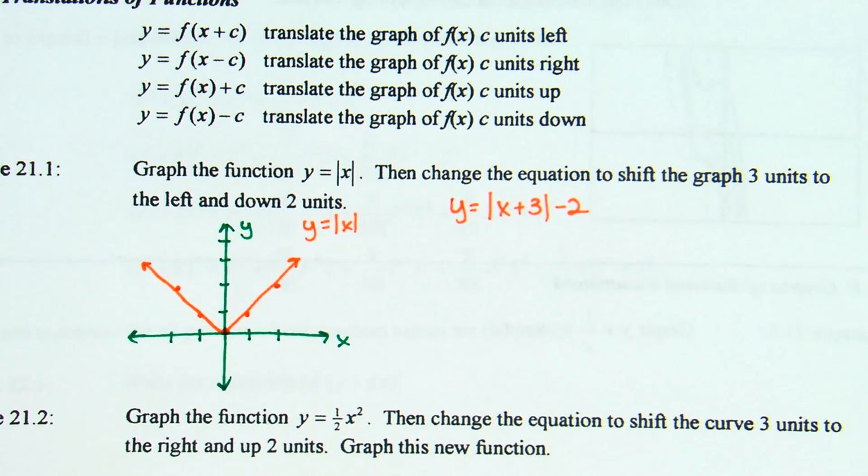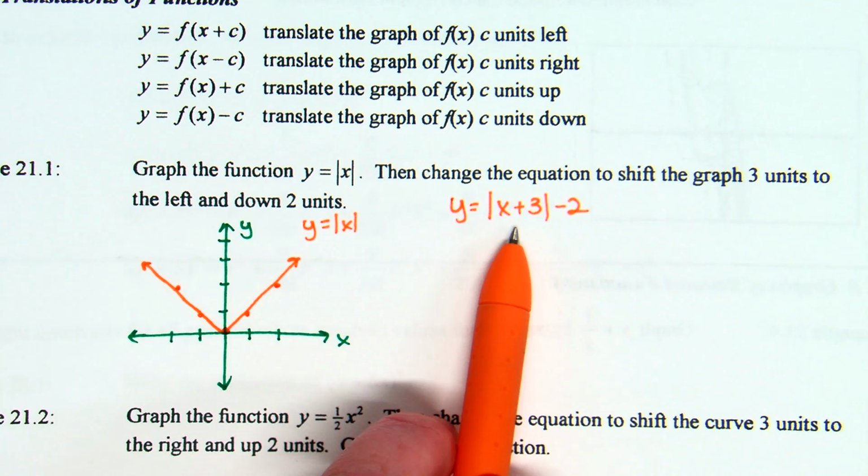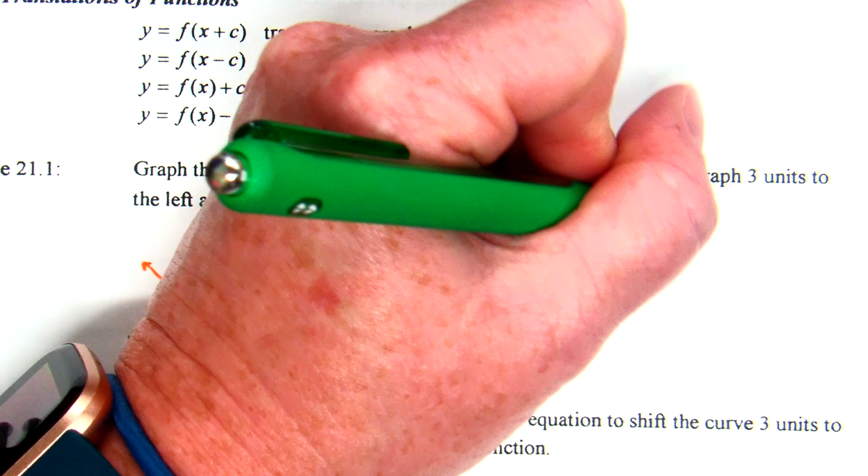Okay? Then, what Ross was talking about, if we're going to shift it 3 to the left, remember that 3 is in the absolute value, plus 3 means we're going to go left 3 because it's opposite the sign. And then down 2 is going to be a minus 2 at the end. Let's see, can I sketch a graph of that real quick?